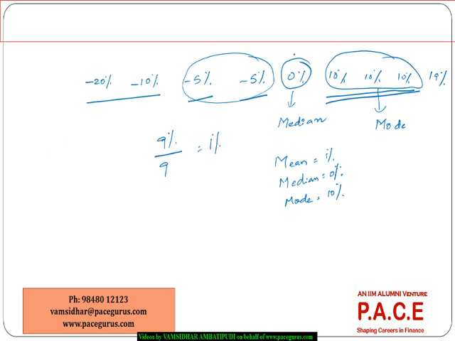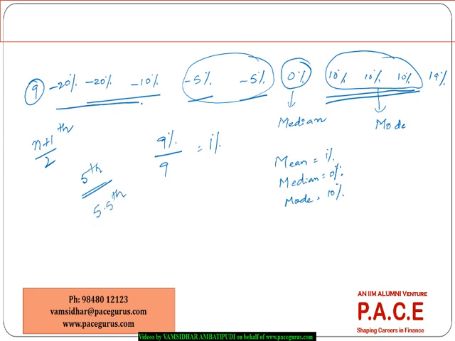A few important points when it comes to the median. If there are an odd number of observations, like 9 here, then the middle value is the median. In general, it is the (n plus 1) by 2th element that forms the median. So if there are 9 elements, the 5th element is the median. If there are 10 elements, let's say I put another -20 here, then the 5.5th element is the median.